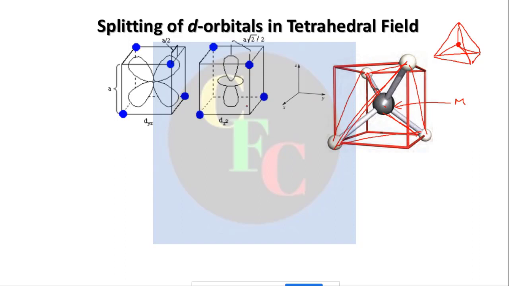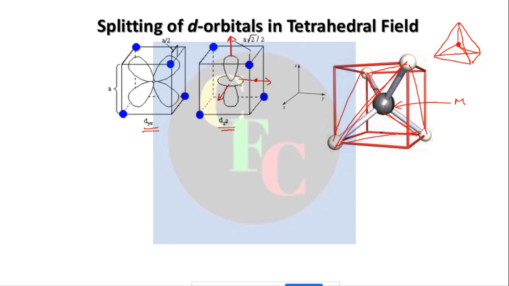Now you see how the tetrahedral field, or the ligands, approach our d orbitals. Here we took 2 specific cases, the yz and z square. This yz discussion will also be the same as that for xy and xz, right? Now the axes are coming out from the middle of the face of the cube, so they are coming from these sides.